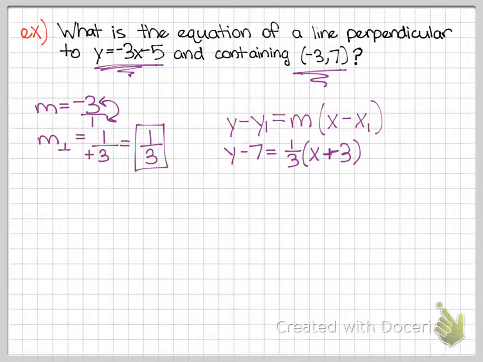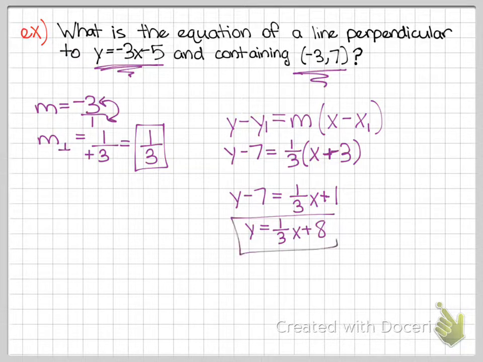And again, I'm going to ask you to put this in slope-intercept form, so let's do that. That'd be y minus 7 equals 1/3 x, 1/3 times 3 is just plus 1. So that would be y equals 1/3 x plus 8. So the equation of our line in slope-intercept form would be y equals 1/3 x plus 8.